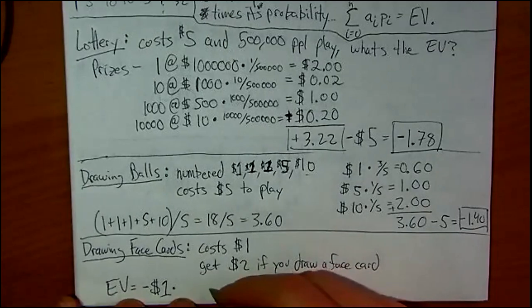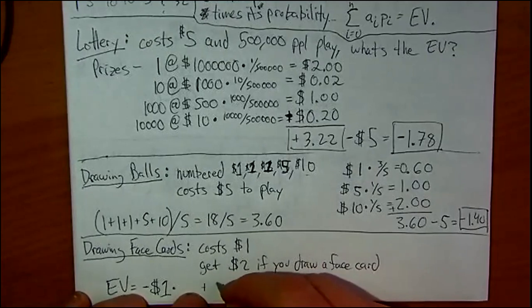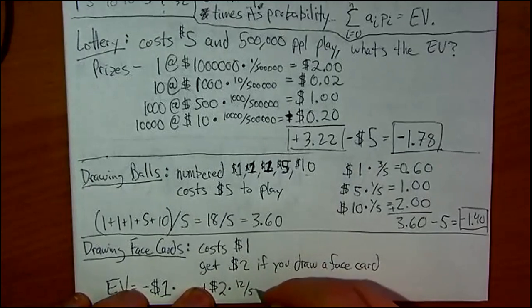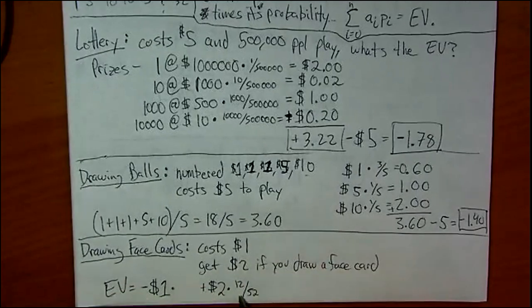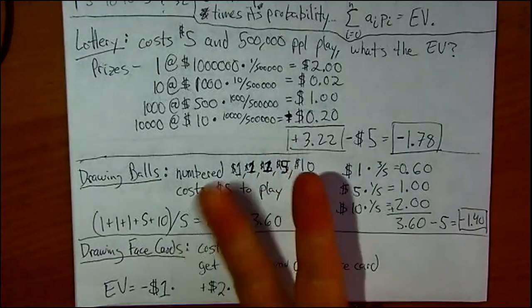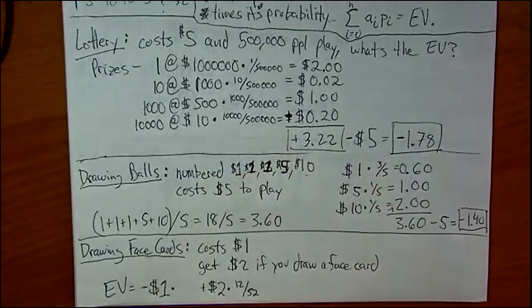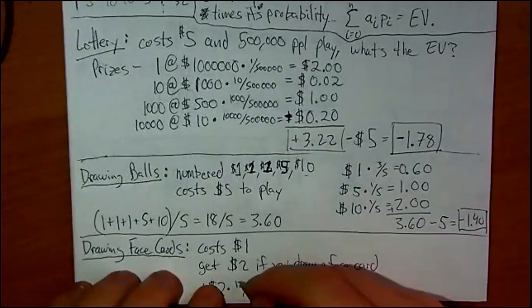So that would be plus $2 times 12 out of 52. Well, I want to count aces as face cards though. So it'd be Jack, Queen, King, Ace. So there's 4 kinds of face cards. So I would say that would be 16 out of 52, right?